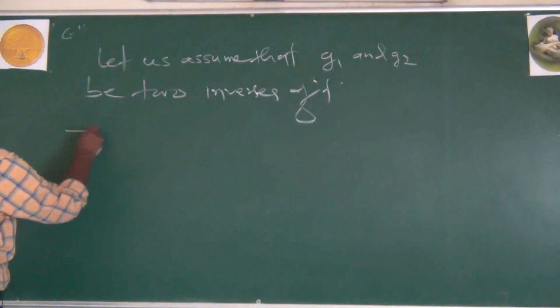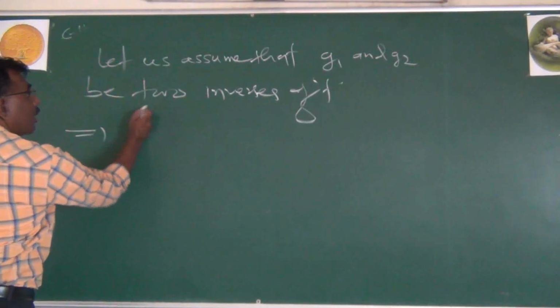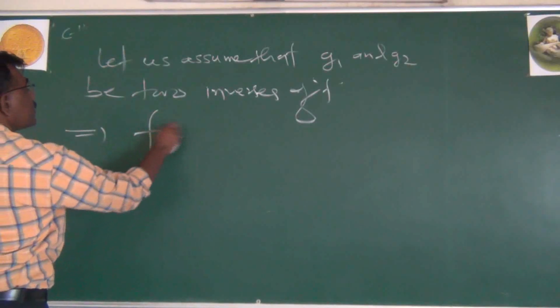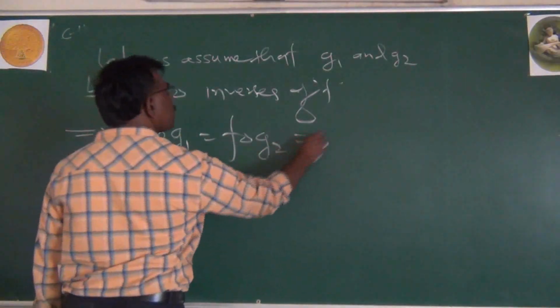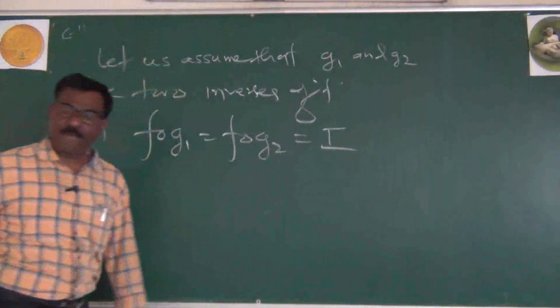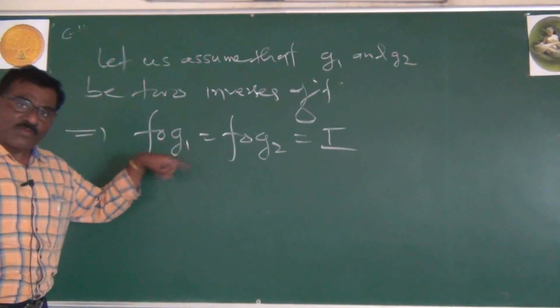So f composition g1 equals f composition g2 equals the identity. Suppose you take a function of y.